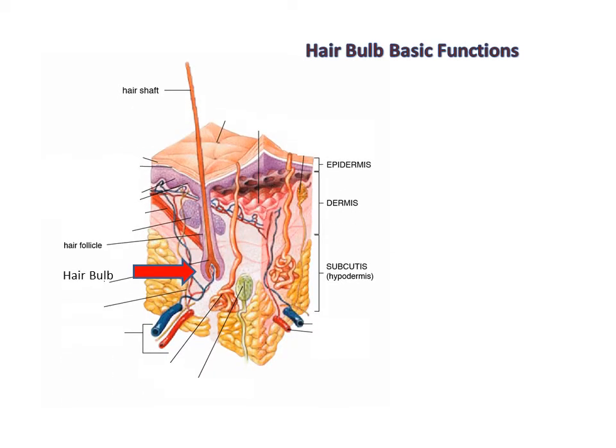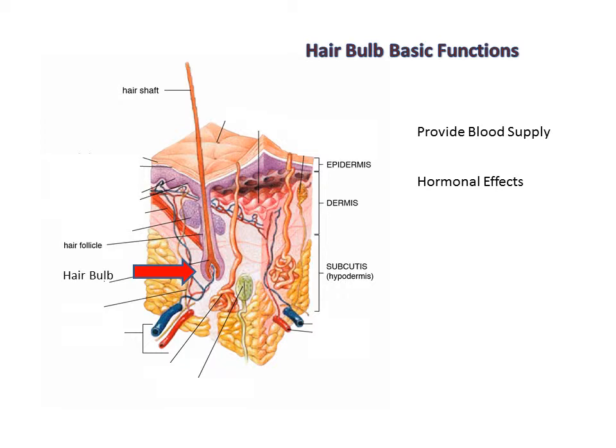Now, again, our hair bulb, like I said, is the foundation of your hair. Everything begins in the bulb. So, like I said in the previous slide, that is where our blood supply comes in. That is where we get our hormonal effects. So our thyroid hormone, if you are producing an excess amount of androgens, that will affect the growth of your hair.